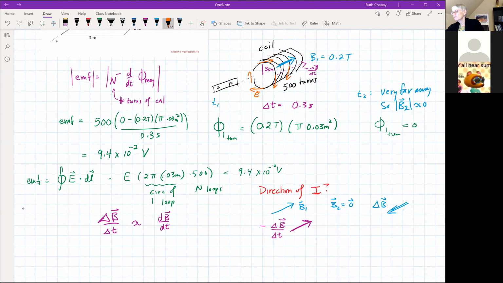And so conventional current will be flowing clockwise through this coil during the time when that's happening.